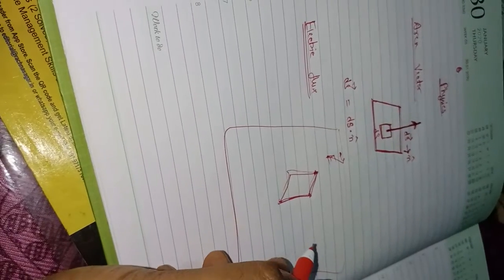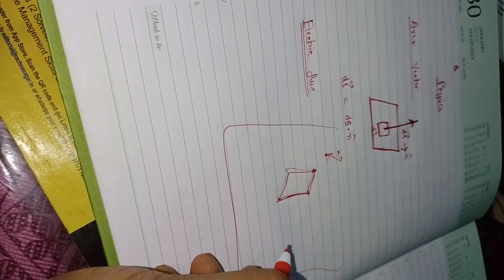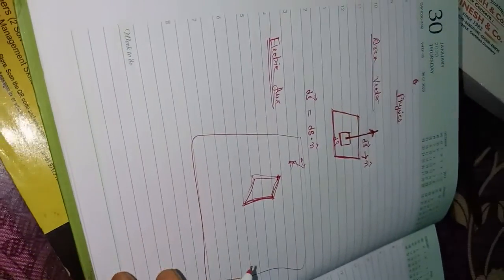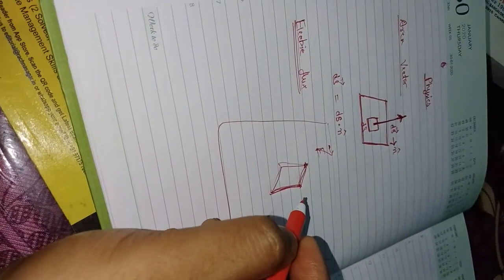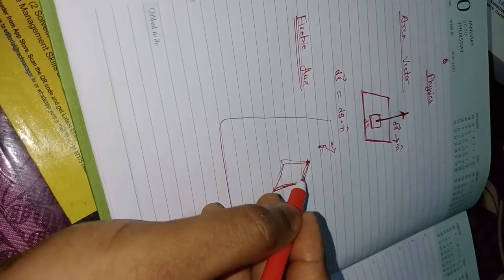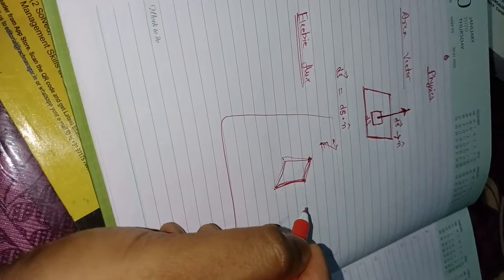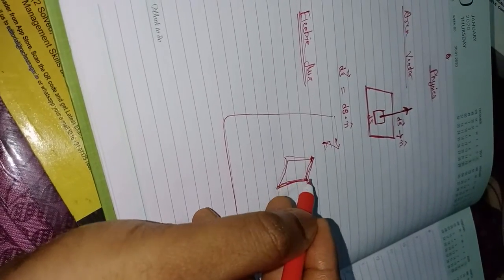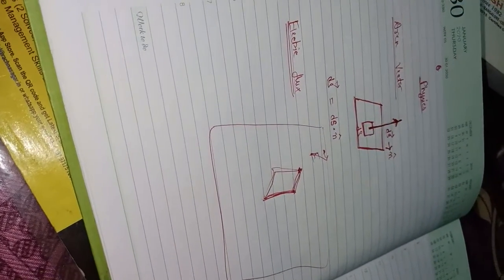Now suppose 5 electric field lines pass through the surface area normally. Then that 5 is the electric flux of this surface area in this electric field.